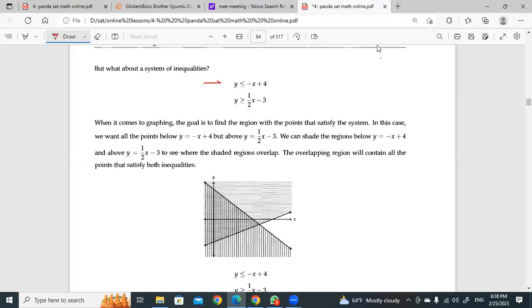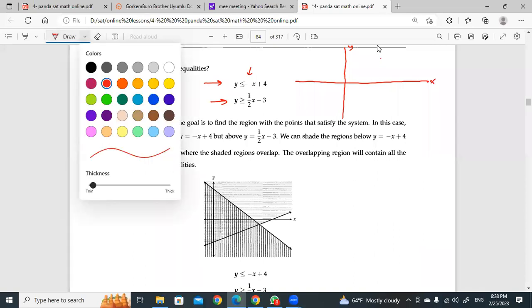If I have this equation and this equation, let us do it here. This is my x and this is my y. First of all, I have y equals -x plus 4. The negative x is related to a line that is falling down or going up from the left to the right?